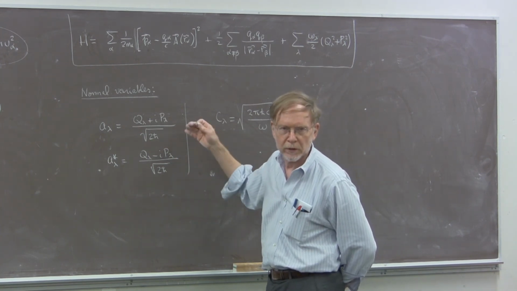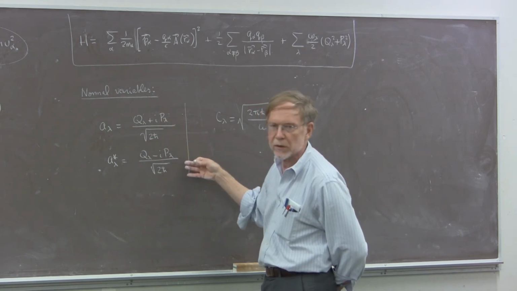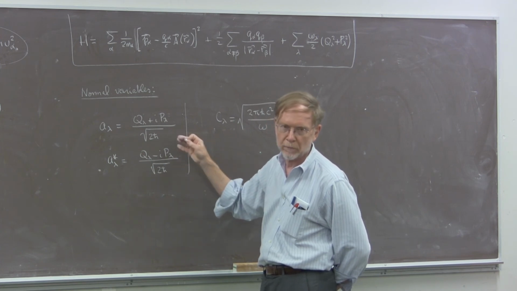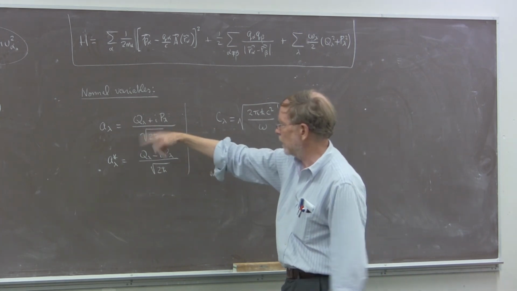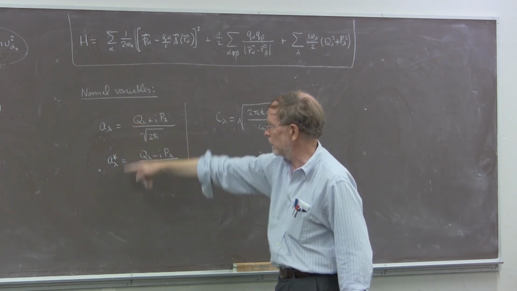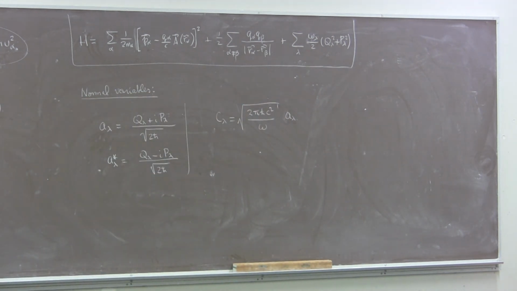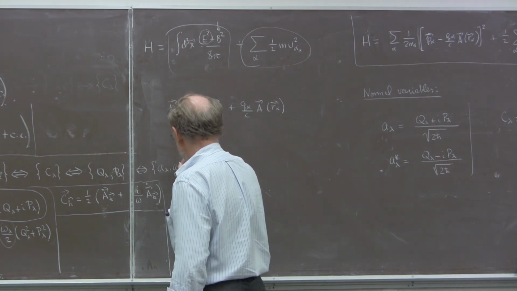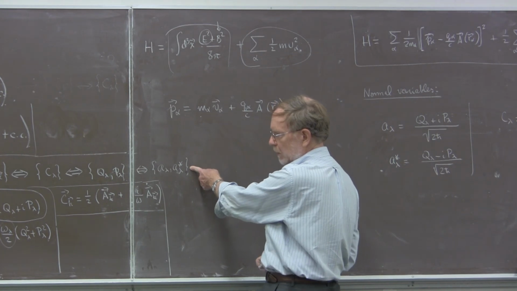Even in the classical description, they are in some ways more convenient than the Q's and the P's, which is partly why I'm introducing them, but also because in a minute we'll be doing the quantum problem. We can make this yet another coordinate transformation, to make this into the A lambdas and A lambda stars. Of course, this transformation that I've written out here applies only to the field, not to the matter.